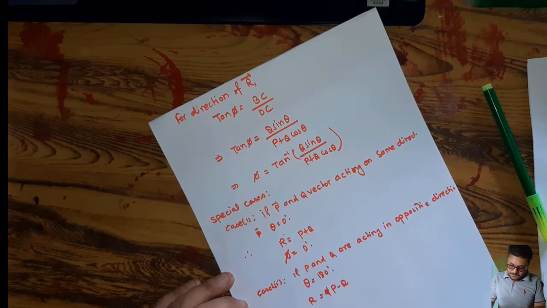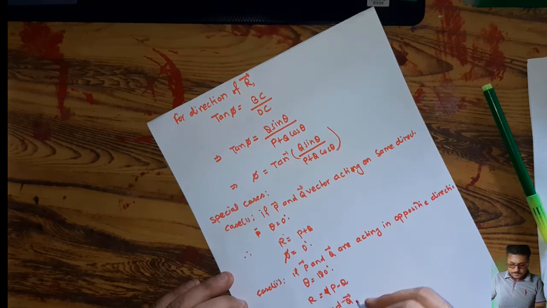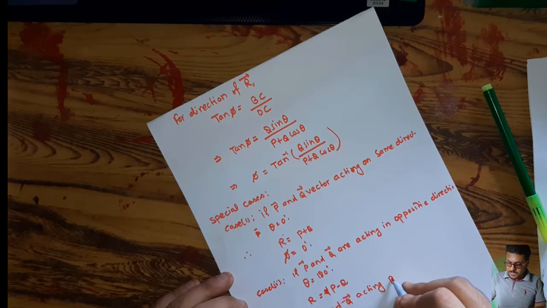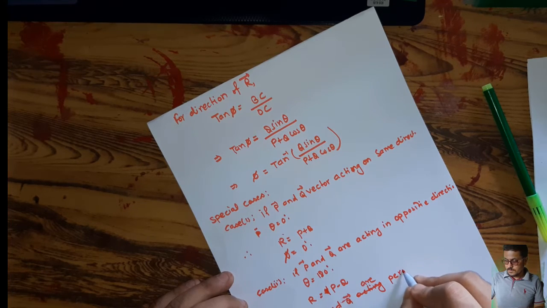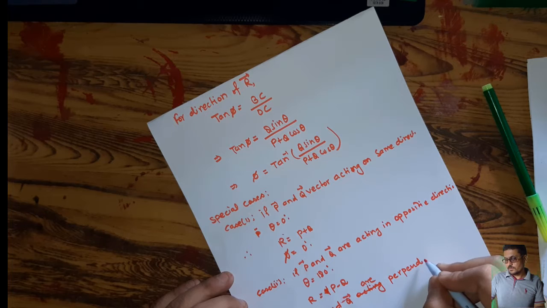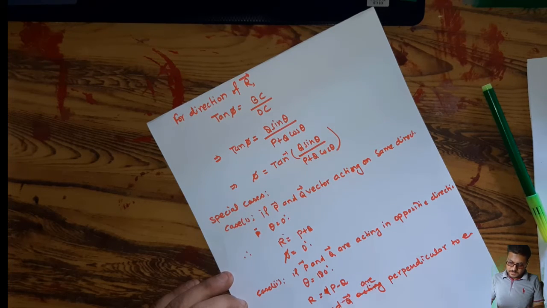And case 3: if P vector and Q vector are perpendicular to each other, that is theta is equal to 90 degree.